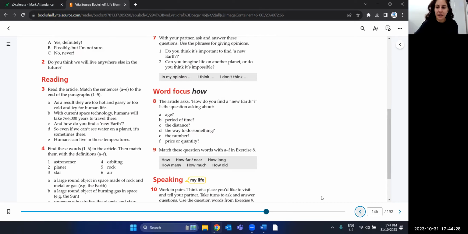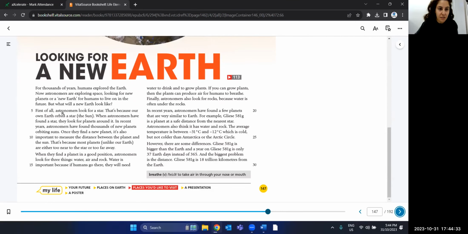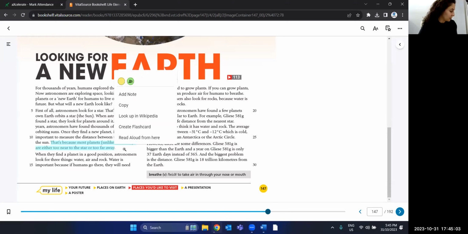I think that could be paragraph 2. This one here, because that gives us information. It says, first of all, astronomers look for a star. It's that last sentence. That's because most planets are either too near to the star or too far away. So A really comes from this sentence here. They just put it in other words.